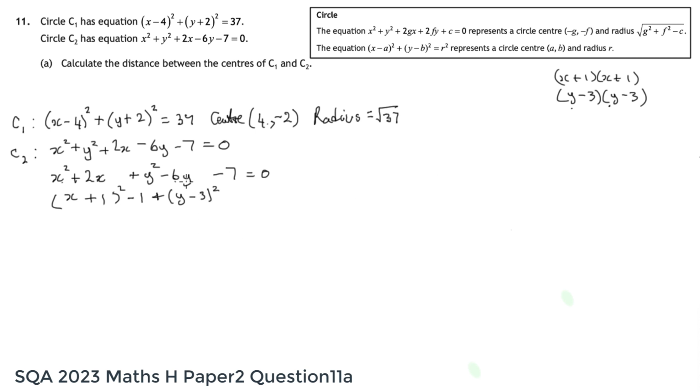That deals with the -6y. The lasts give us +9. We don't want a +9, take it away. And we've got the -7 tucked away at the end there. So we're almost there. x plus 1 all squared, y -3 all squared, -1 minus 9 is -10, -7 is -17 on the left, add 17 to both sides, and we end up with this.